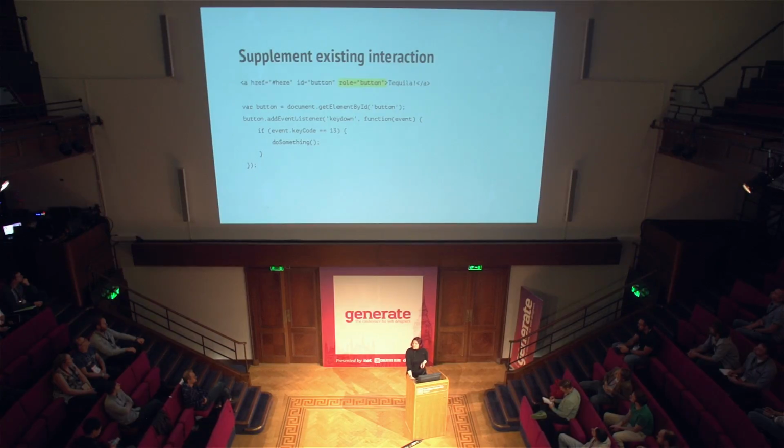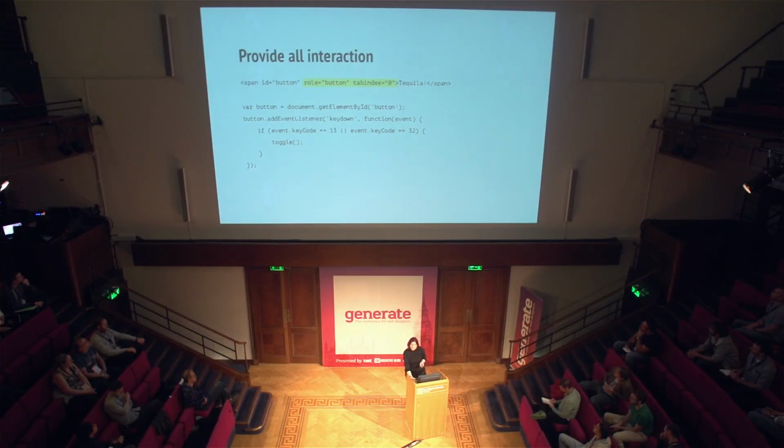Sometimes it means we have to supplement existing interaction. A common design pattern we see is a link repurposed to be a button. Links by default in browsers can only be activated using the Enter key, whereas, as I mentioned before, the expectation with a button is that you can use Enter or space. So we just have to script a little bit of extra keyboard support to acknowledge when someone hits this link with the spacebar, because to all intents and purposes it looks like a button and behaves like a button, it also has the expected keyboard interaction.